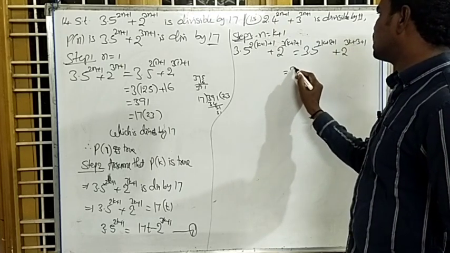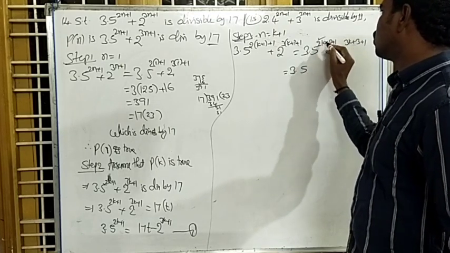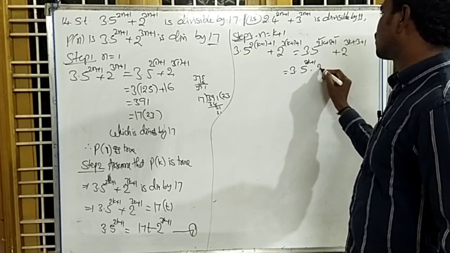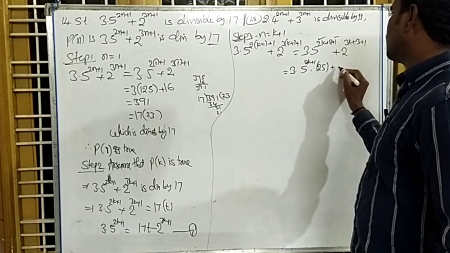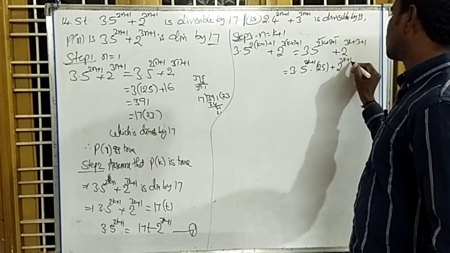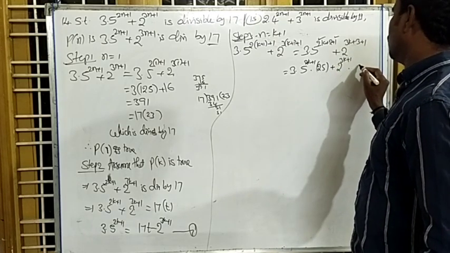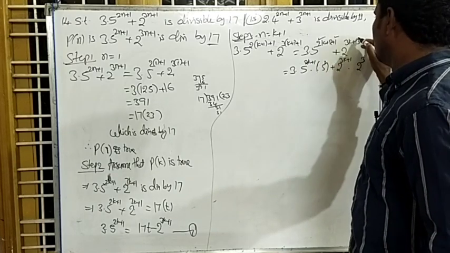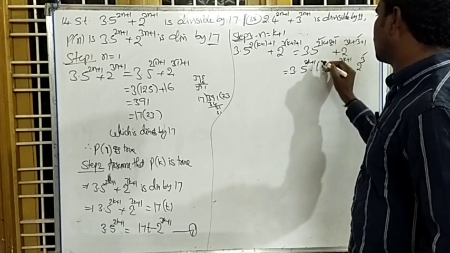I am rewriting this as 3 into 5 power 2k plus 1 written as it is, into 5 power 2, that is 25, separately, plus 2 power 3k plus 1 into 2 power 3 separately.